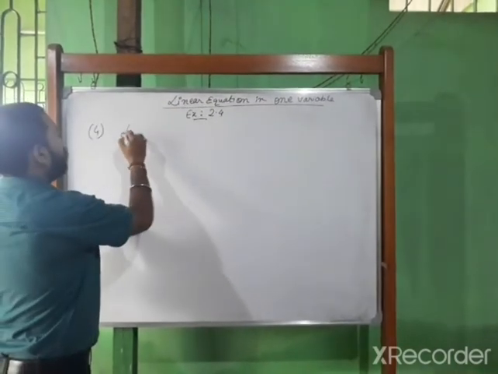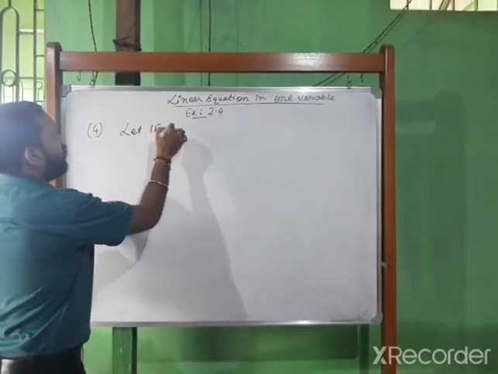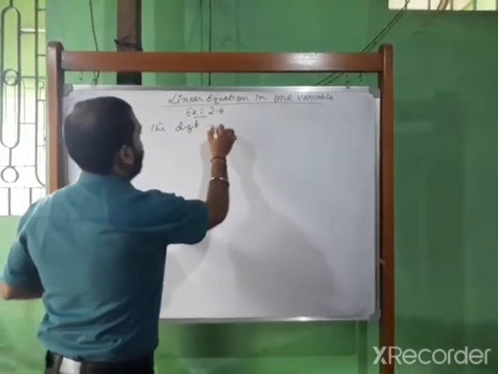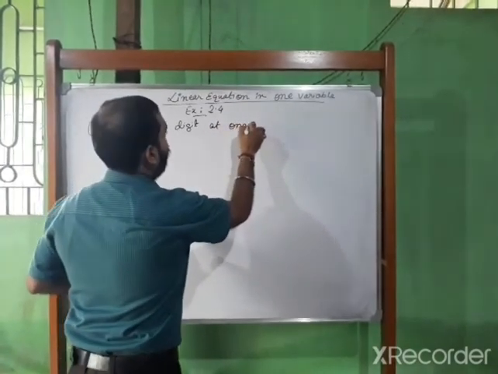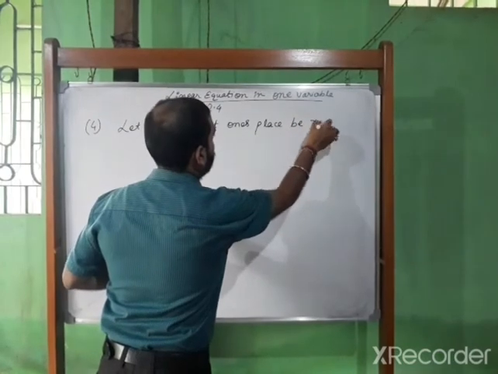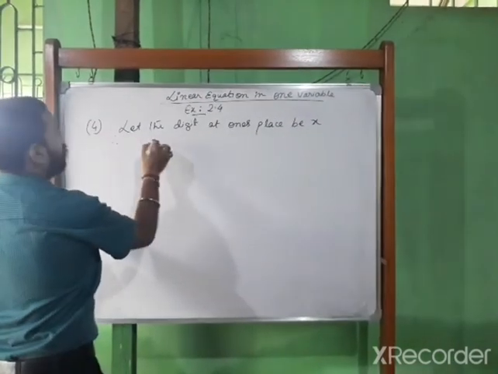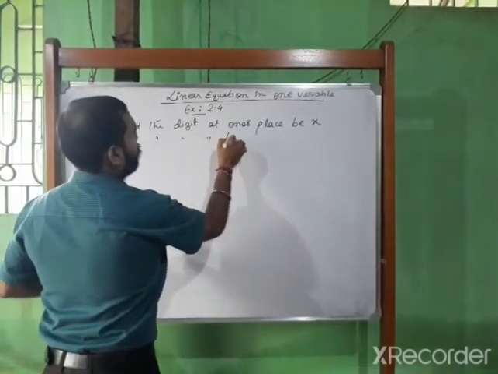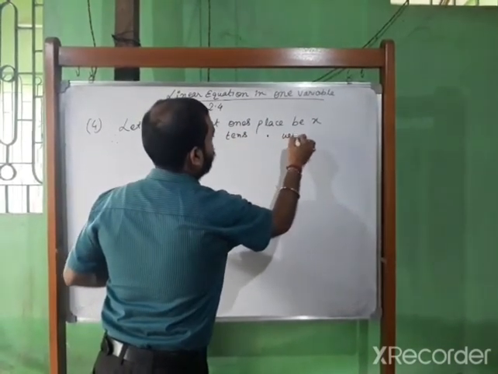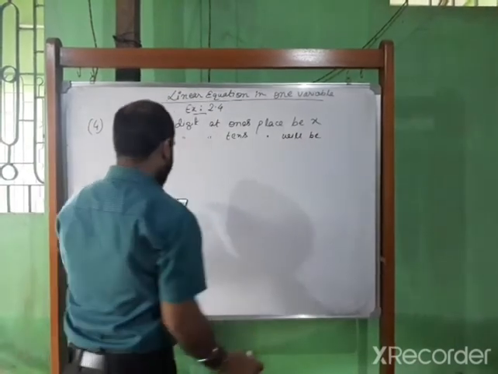So let the digit at one's place be x. Therefore, the digit at tens place will be 3x.